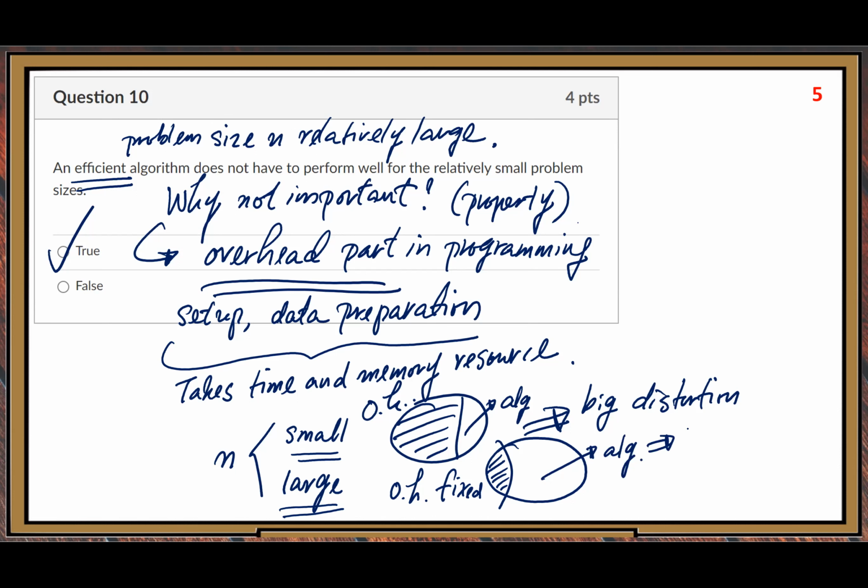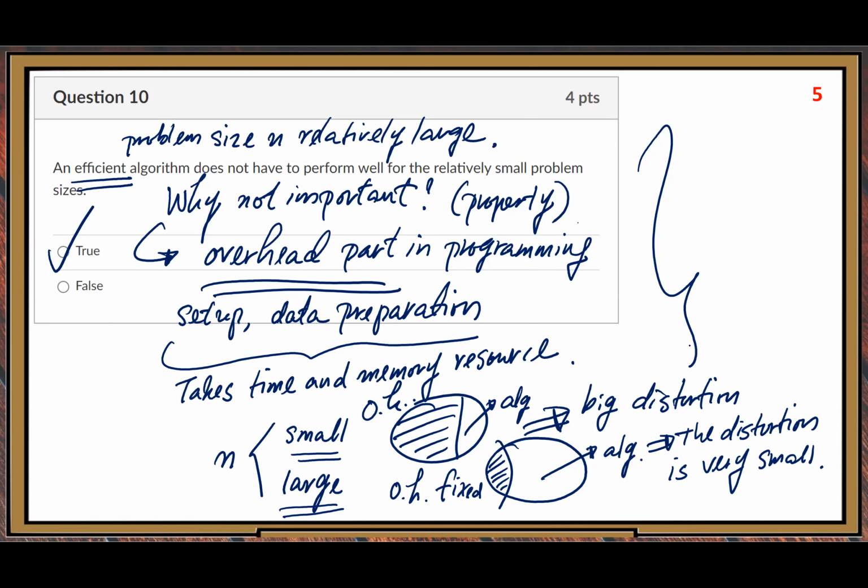As a consequence, the distortion is very small. Due to this reason, we look at large problem sizes. We do not really pay attention to relatively small problem sizes. The background is this: overhead, distortion, resources.